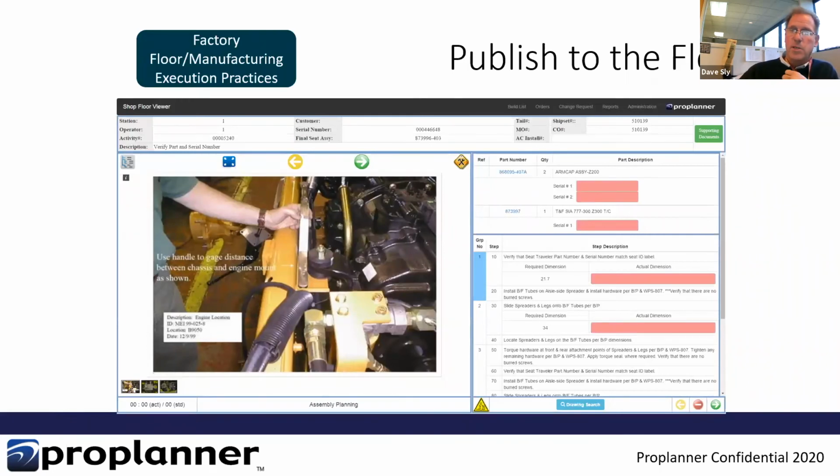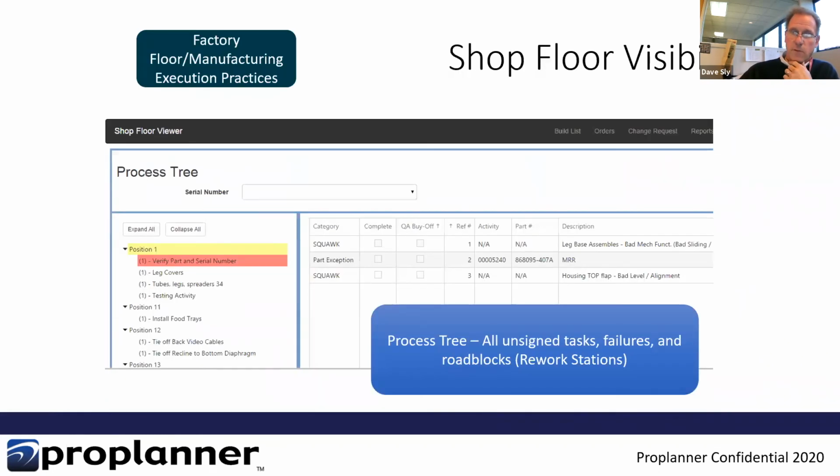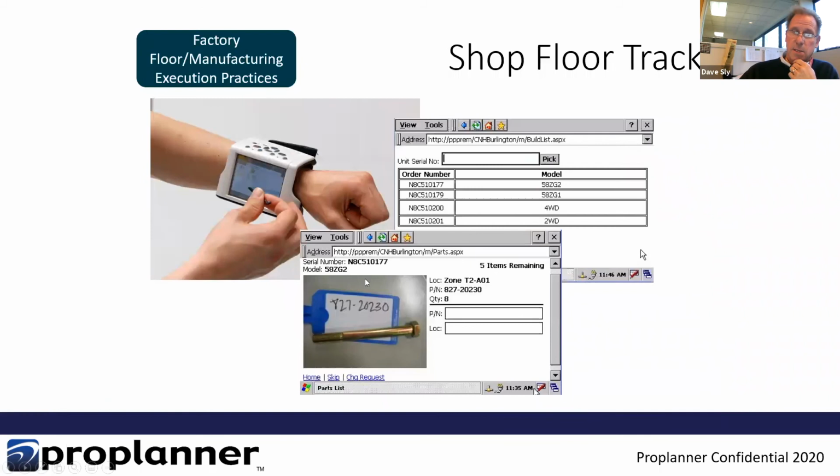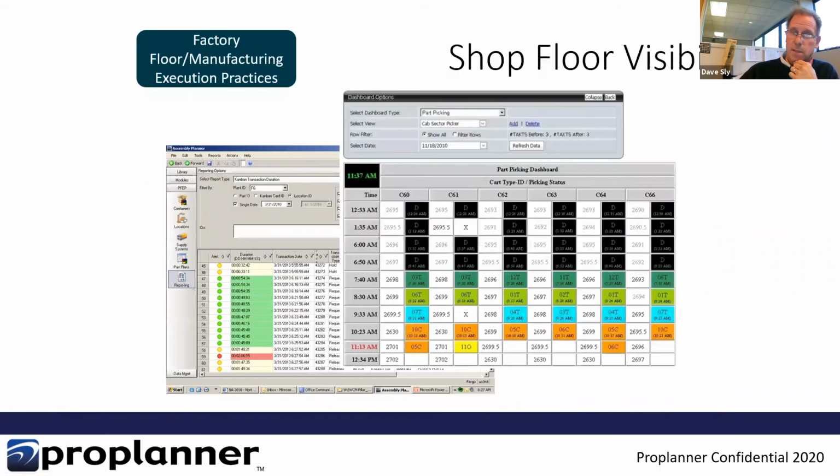So we talked about publishing to the floor. We talked about the shop floor visibility to the worker, the ability of the worker to make notes and comments as they're producing the product, but we're also talking about the logistics tracking, right? We're talking about a dashboard showing us what part kit is being generated based on what published PFEP database.